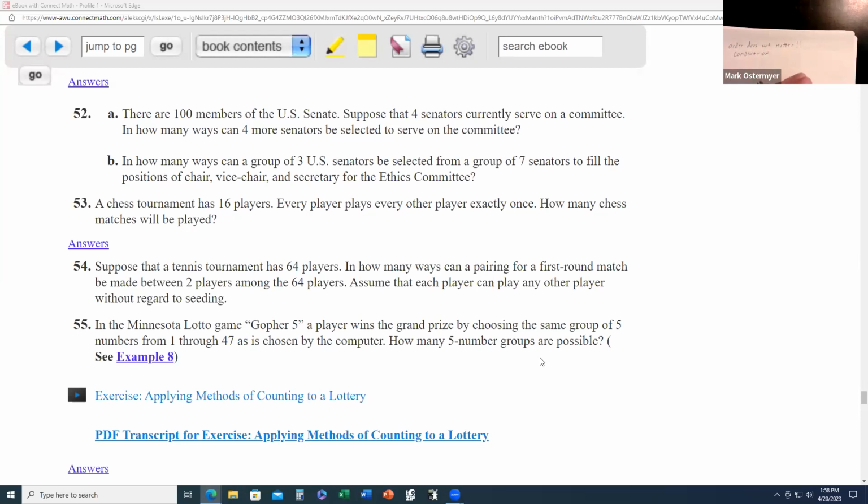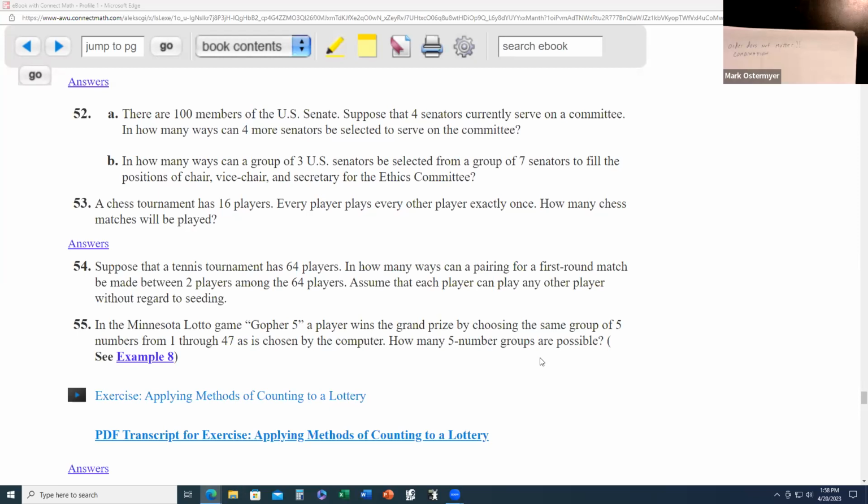All right, and so therefore, how many senators do I have remaining to select 4 from? Well, 100 senators total in the Senate, but 4 have already been selected for the committee. That leaves 96 senators left to select the 4 remaining vacancies.